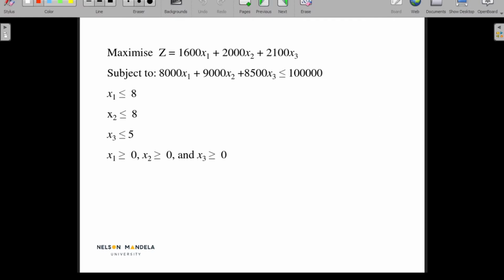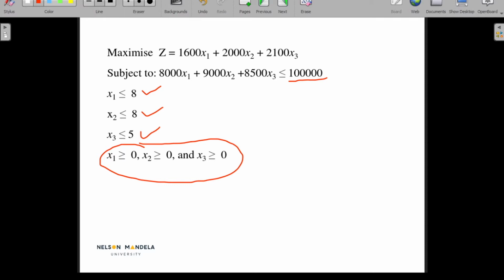My constraints are the following. This is the price, the available funds. This is the storage space for petrol, for diesel, and for unleaded petrol. This last restriction is the non-negativity restriction. And then, of course, we also have to have an objective function.